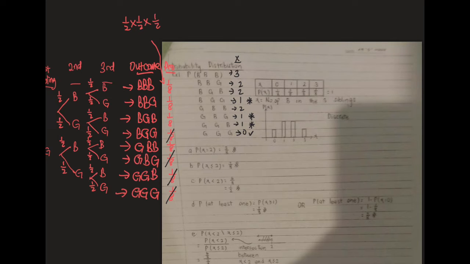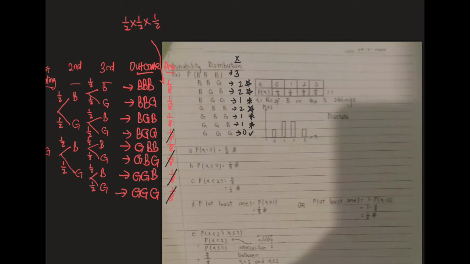We have 2 boys. Let's see the result. We can take this, and this. Again, 1 over 8 plus 1 over 8 plus 1 over 8, and that's why you have 3 over 8 as the probability. And the last one, 3 boys, the probability is 1 over 8. So that is how we gather up.